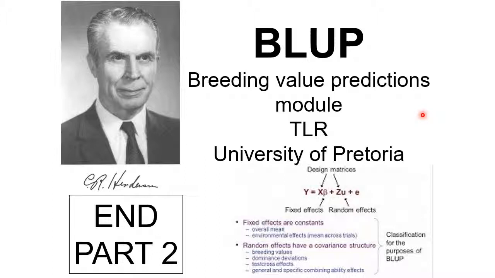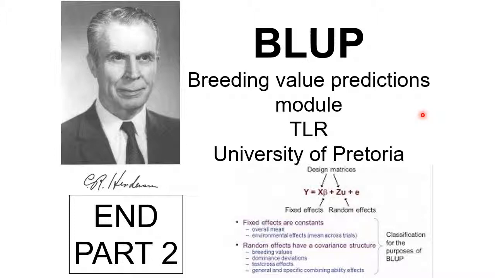If we have, for example, 2 levels of fixed effects, sex 1 and sex 2, we simply add up those weights, if it's weights of the animals in sex 1, and that would be our first element or row in our column vector, and the other level will be the next one. If there's 5 more herds, for example, we will have 5 more rows in that column vector. And then it starts with animal 1 and it ends up with the last animal in that vector.